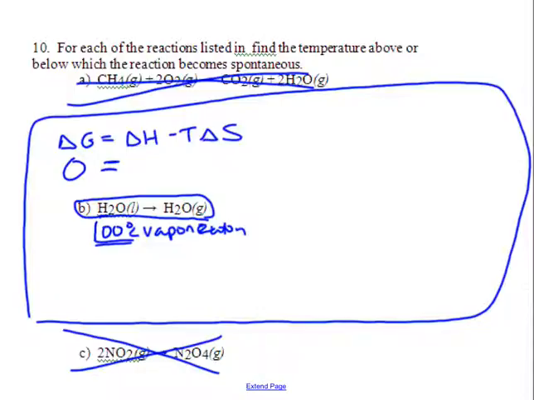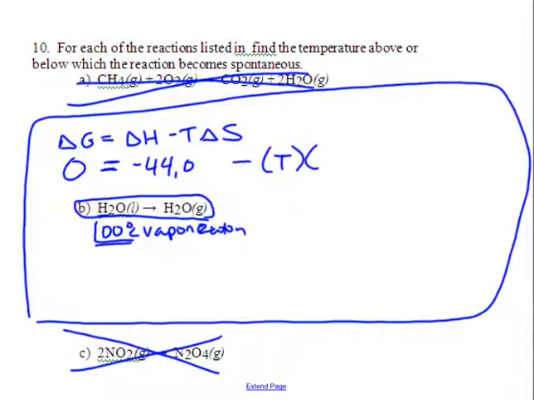Delta H, someone throw it out and we'll verify it. Gas minus liquid. Negative 44,000. All right, and then delta S. Isn't it 44,000 and like 12 or something?